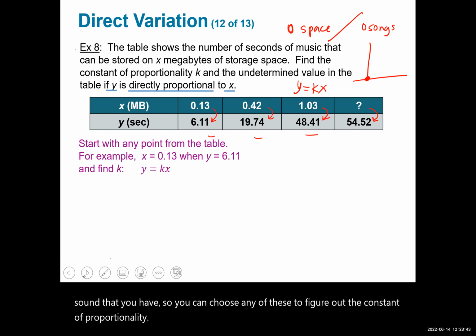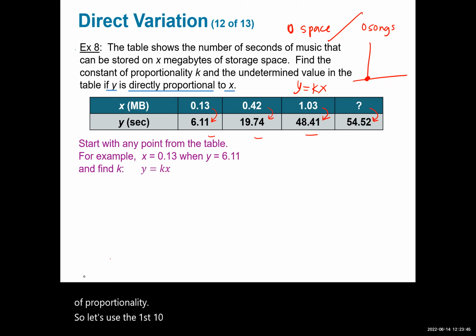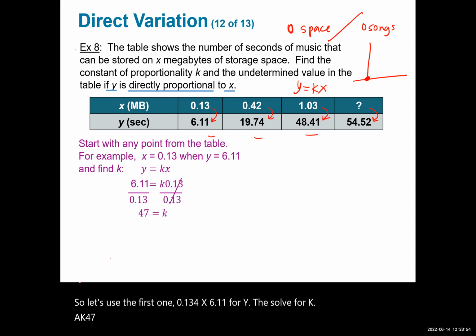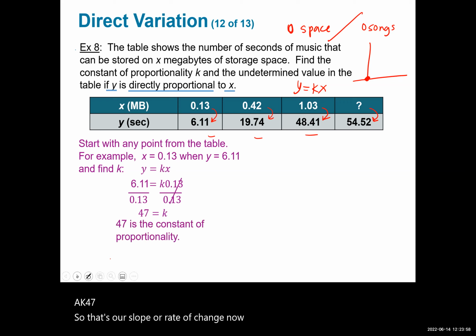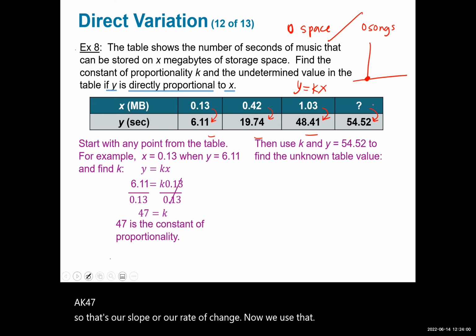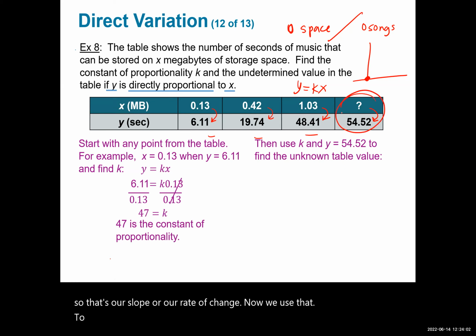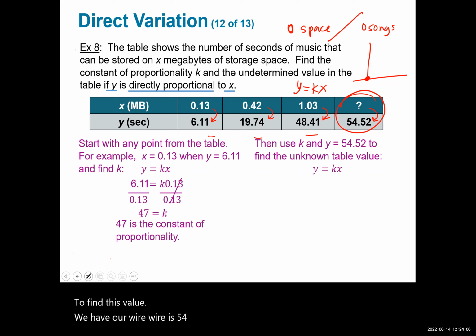So let's use the first one, 0.13 for x, 6.11 for y. Let's solve for k. k is 47. So that's our slope or our rate of change. Now we use that to find this value. We have our y is 54.52.